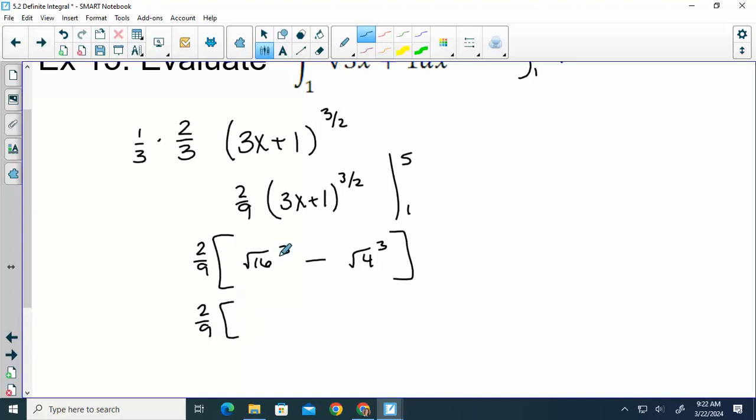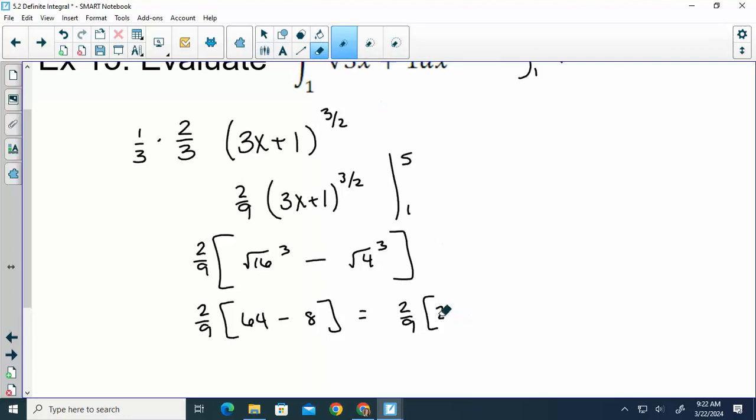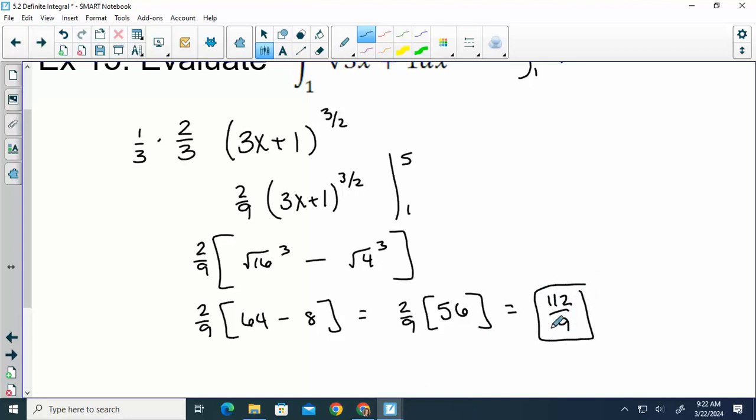So square root of 16 is 4 to the 3rd, 64 minus 8. Times 2 over 9 gives us 112 over 9. Is that good?